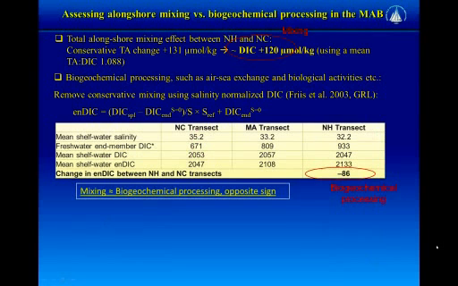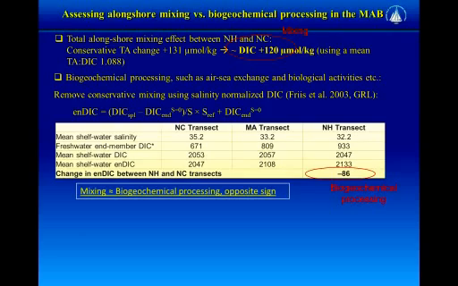Given alkalinity is conservative, the 130 micromole change can be converted to the mixing effect. Then if you use a mean alkalinity to DIC ratio, you can convert this mixing effect from alkalinity to DIC, which corresponds to 120 micromole of DIC.